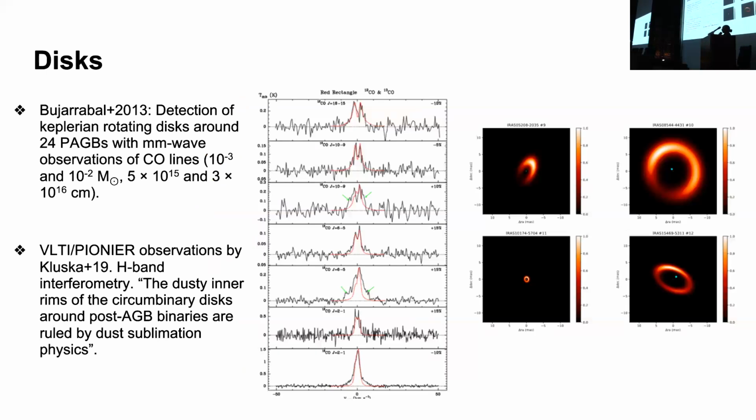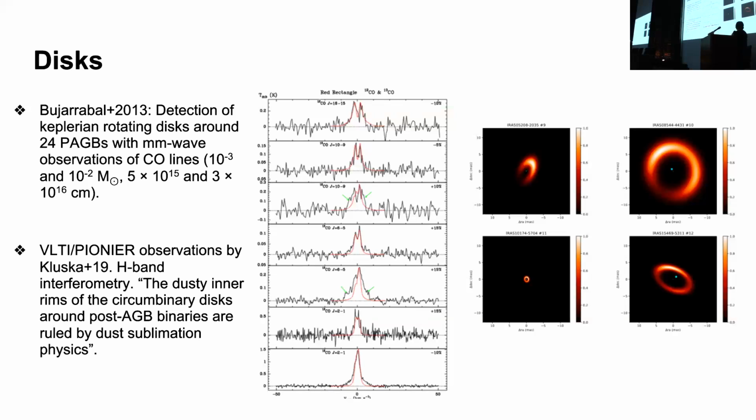So people have been looking for those disks. There was plenty of theoretical work stating that we need all those 3 ingredients to have those non-spherical shapes, so we were looking effectively for disks. There's the work by Bujarrabal in 2013 and his team. They have been detecting a lot of Keplerian rotating disks around post-AGB stars.